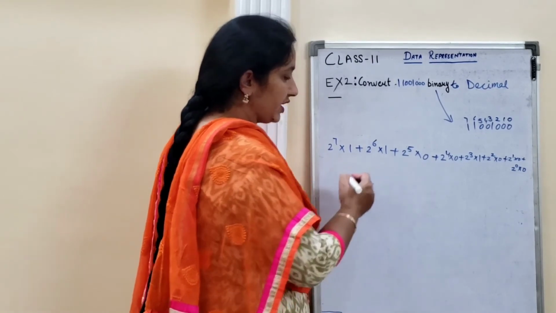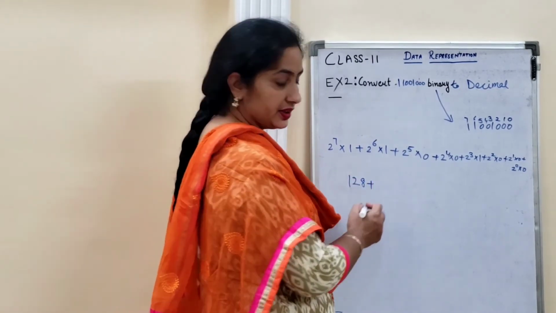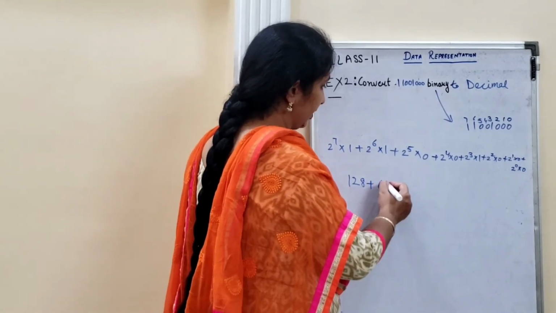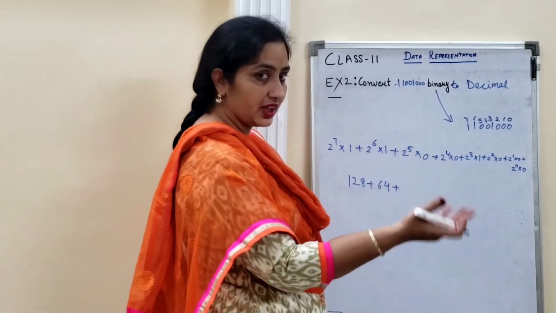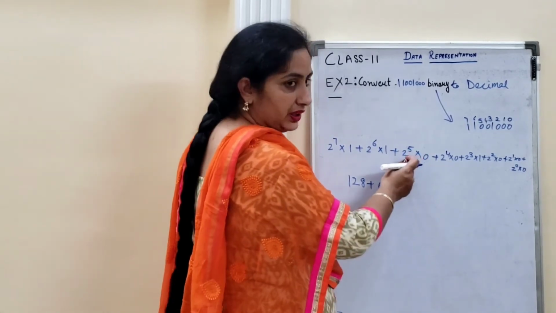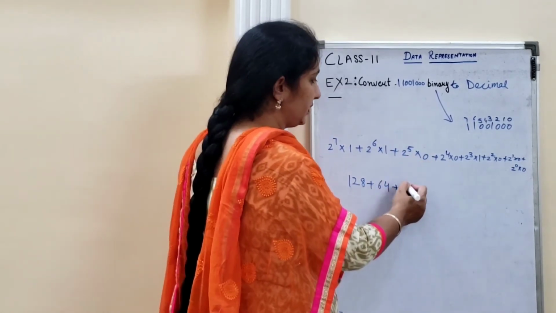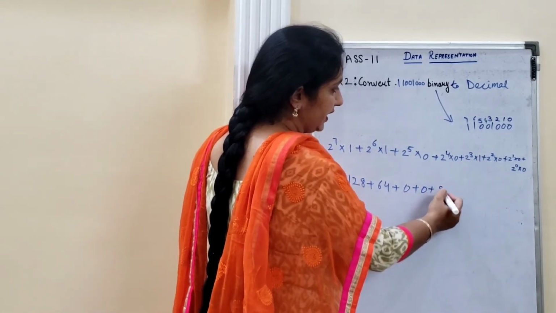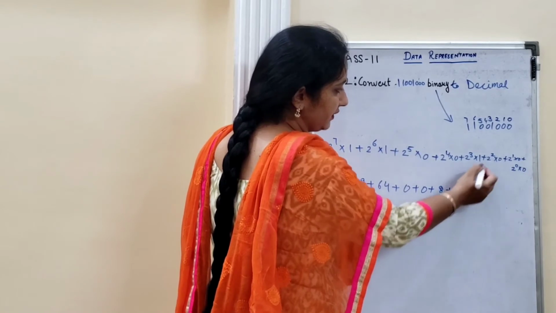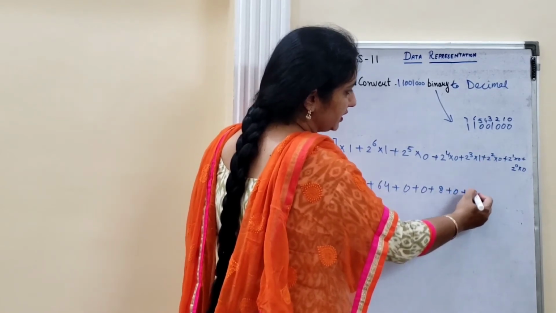128. 2 raised to power 6, 64. 2 raised to power 5, though it is 32, but when you multiply 32 by 0, answer will be 0 only. Here also 0. 2 raised to power 3 will be 8. This will be 0. This will be 0.